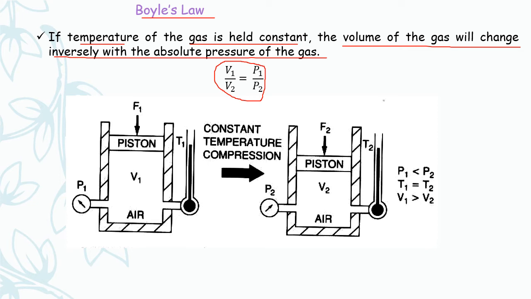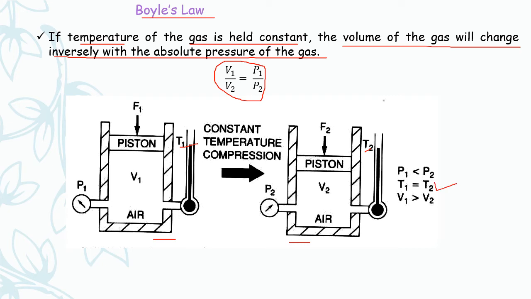You can see a small example of Boyle's law with a piston cylinder arrangement. All the other laws will also go through the same example. You can see in both diagrams, temperatures T1 and T2 are kept constant. T1 will be equal to T2 in both cases.